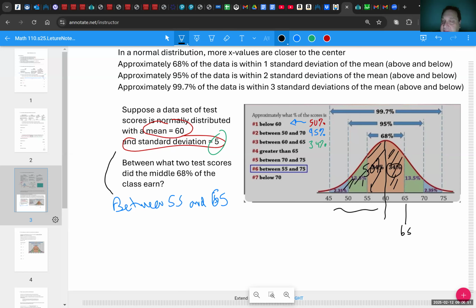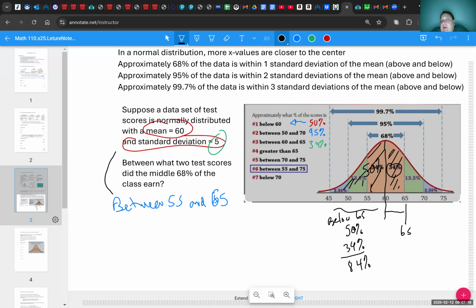So all the stuff below 65 is 50% and 34%. So what's that going to be? 50 plus 34, that's 84%. So 84% is below 65.